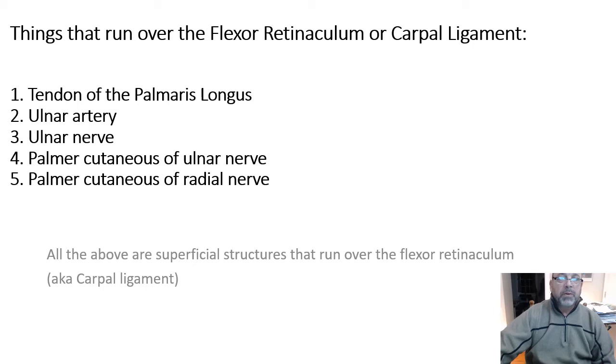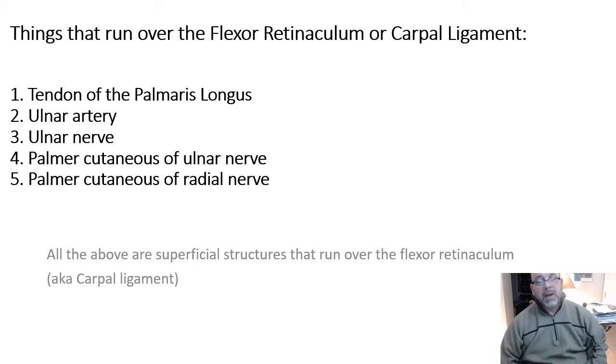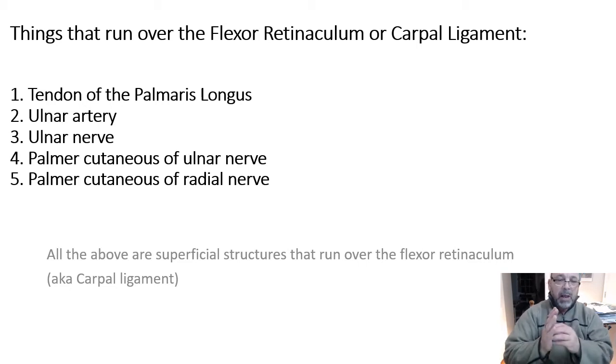Things that run over the retinaculum, the carpal ligament: we have superficial structures and then deep structures. The superficial structures above the flexor retinaculum are obviously the tendon of the palmaris longus. If you remember, that tendon comes into the palmar aponeurosis. Remember the model we use, you just pull that thing off. That's the palmar aponeurosis.